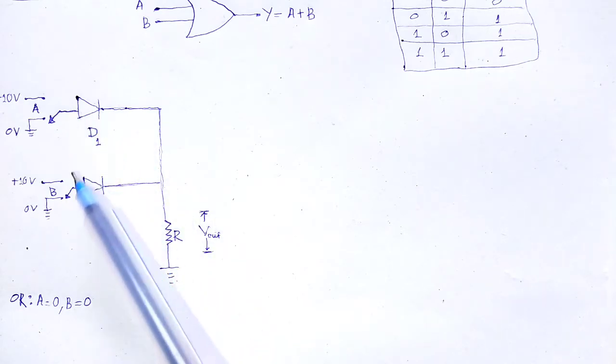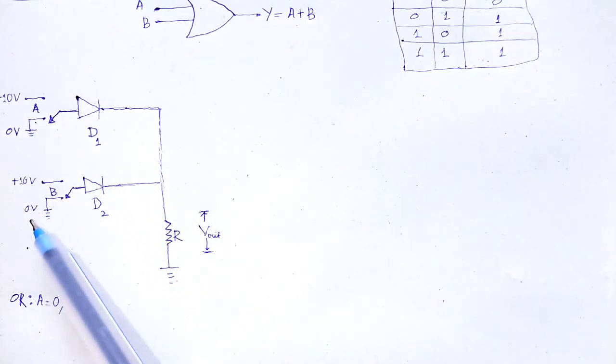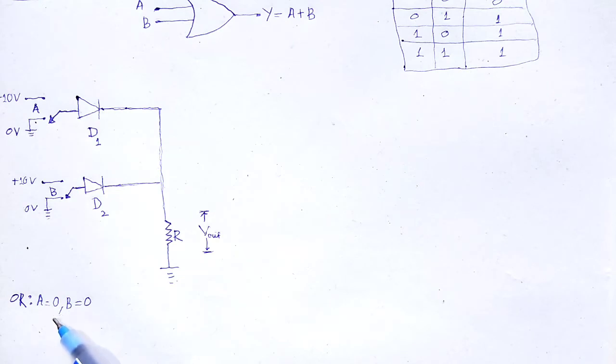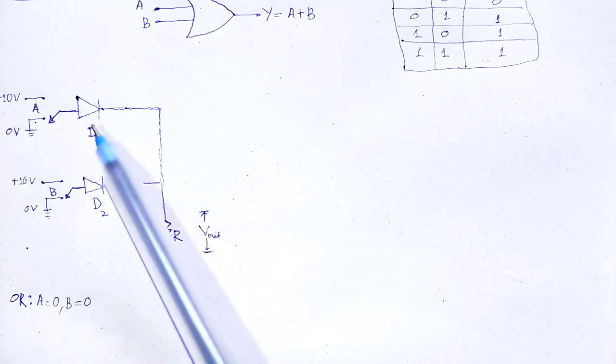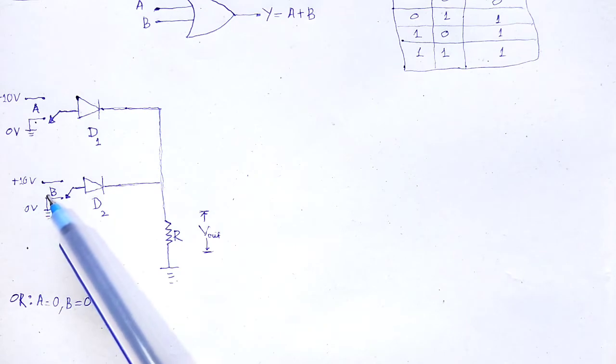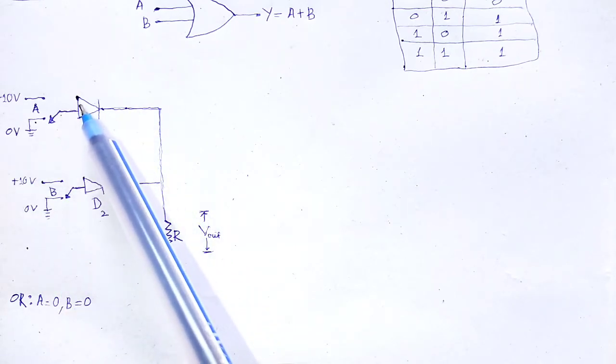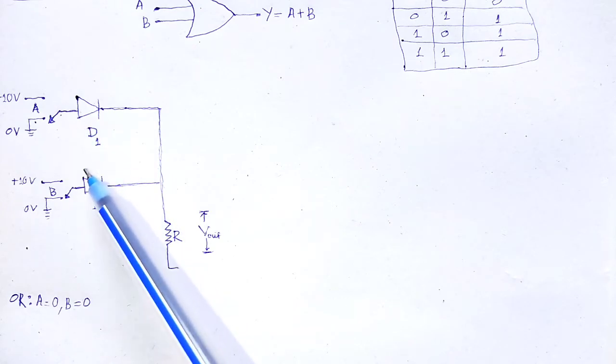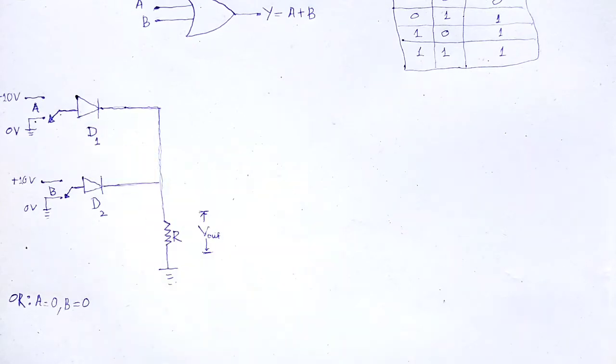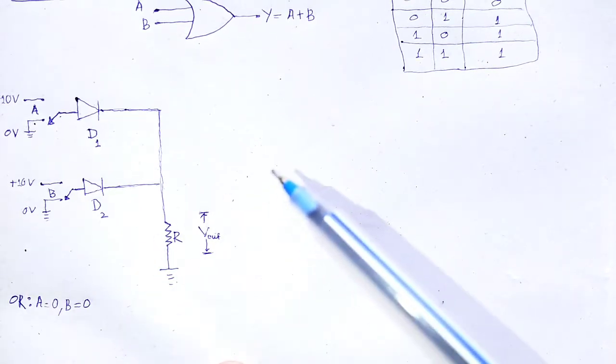Here both the inputs are low, 0 volt, 0 volt, and that is the reverse biasing condition. For reverse biasing condition, both are treated as switched off.